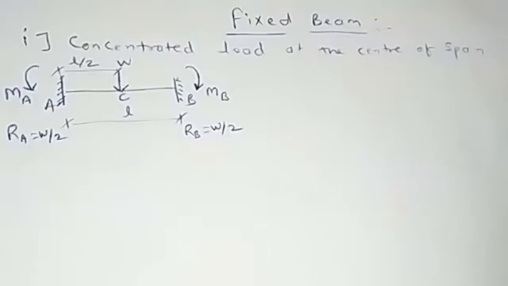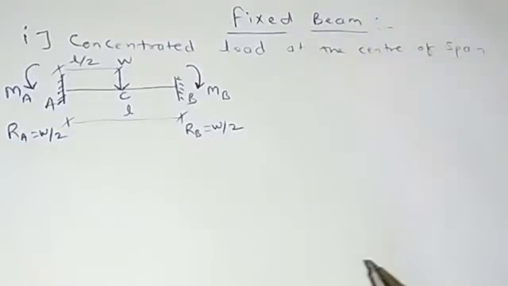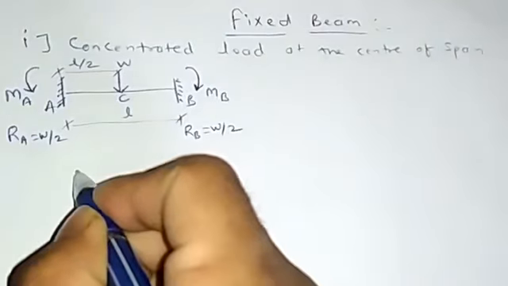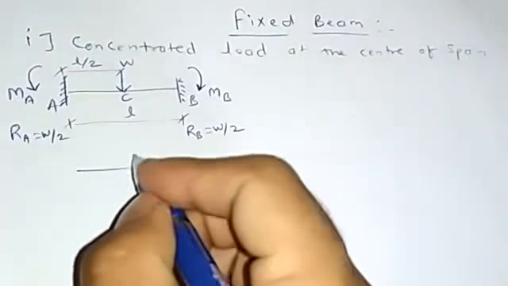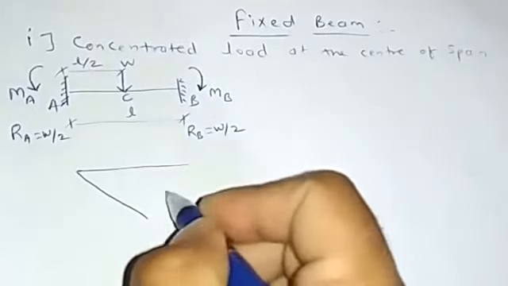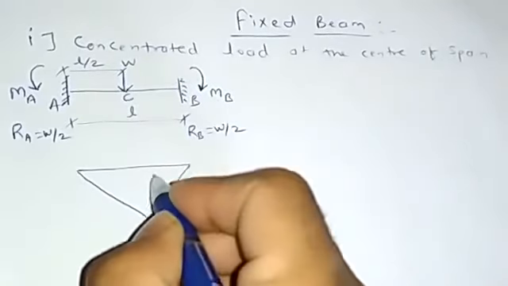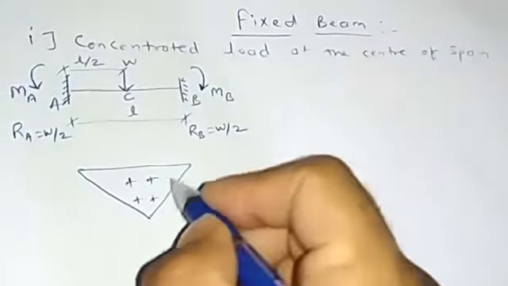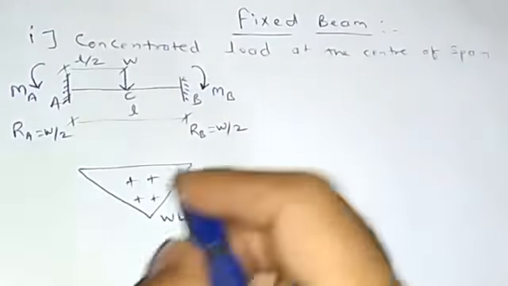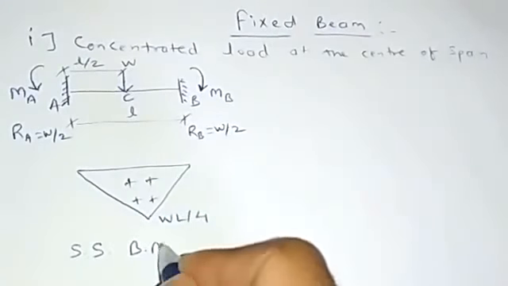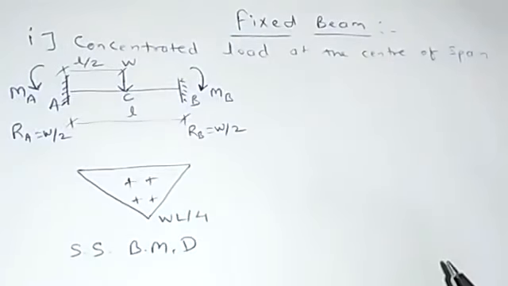Now if it is a simply supported beam subjected to a point load, then we'll have the bending moment diagram triangular in shape like this, with the plus sign, and this would be WL by 4. So this is called the simply supported bending moment diagram.